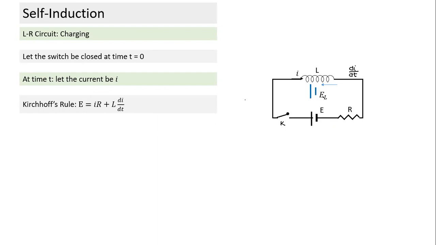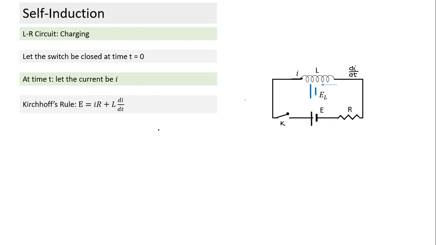So this EMF will be equal to the drop across the inductor plus the potential drop across the resistance. The inductor is like a battery, so going across it, it will be from positive to negative. That drop is L dI by dt, and this is IR.